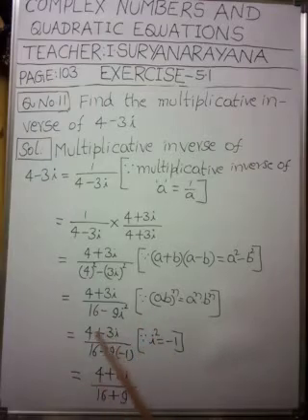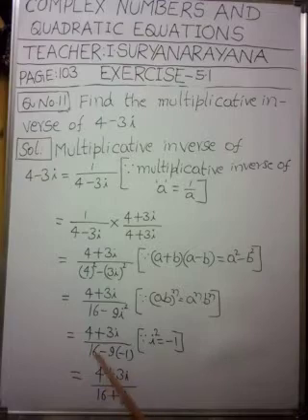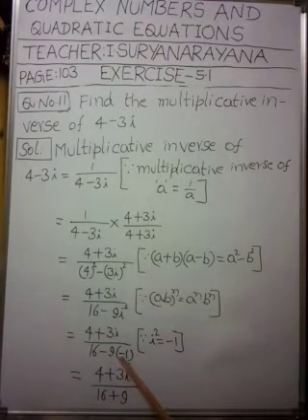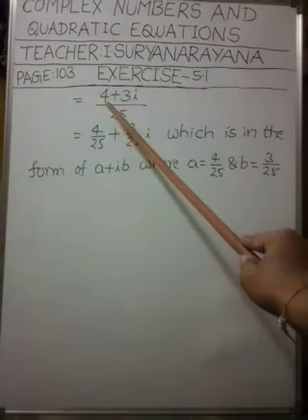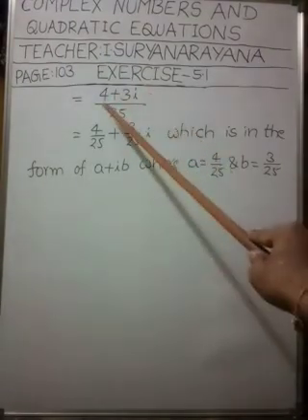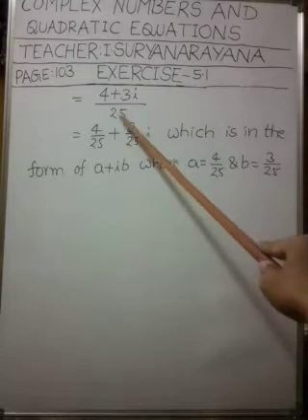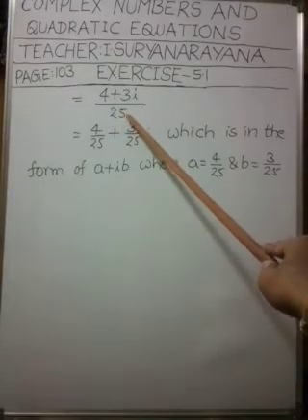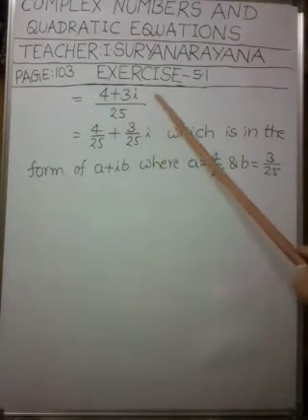That is equal to 4 plus 3i by, come to the denominator, 16 minus 9 into minus 1. What will you get here? Plus 9. Understood the denominator, my children? Right. That is equal to 4 plus 3i by, simplifying the denominator, we get 25. Understood this step, my children?